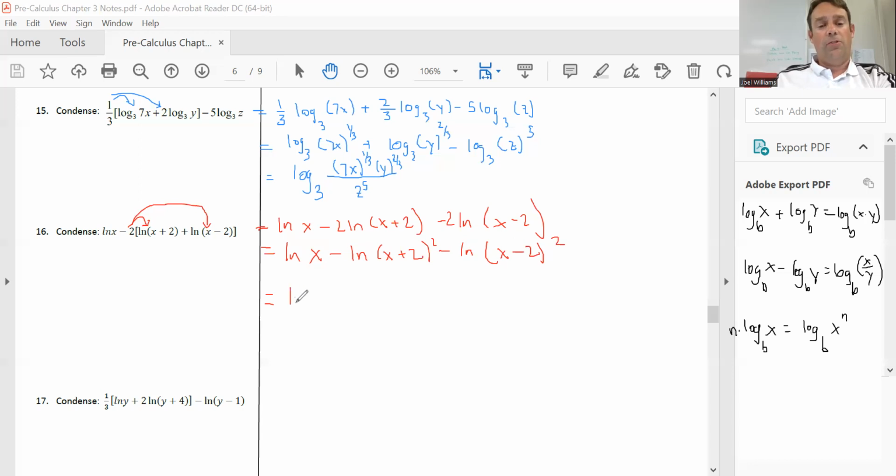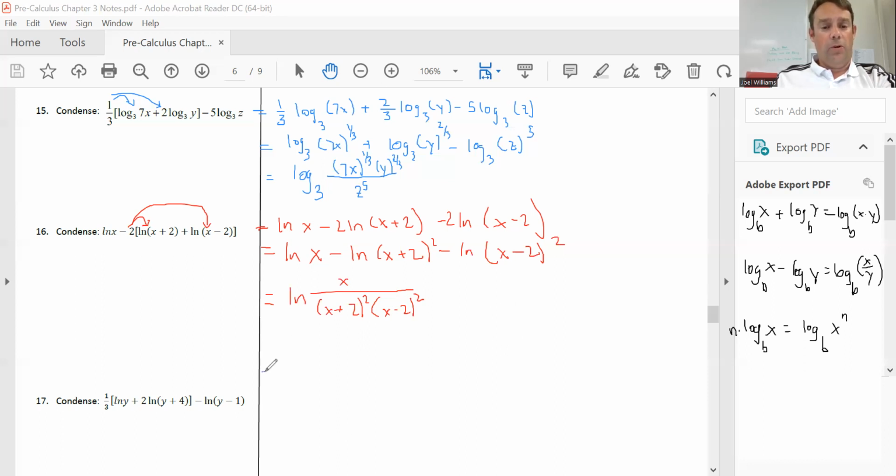The positive logs go in the numerator. The negative logs go in the denominator. So there's a positive log, here's a negative log, and a negative log. That is condensed.